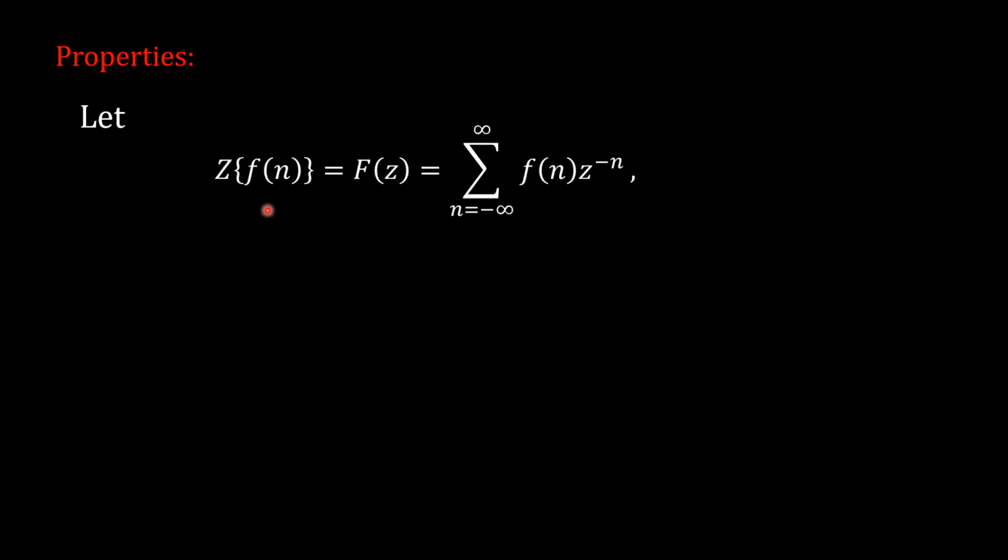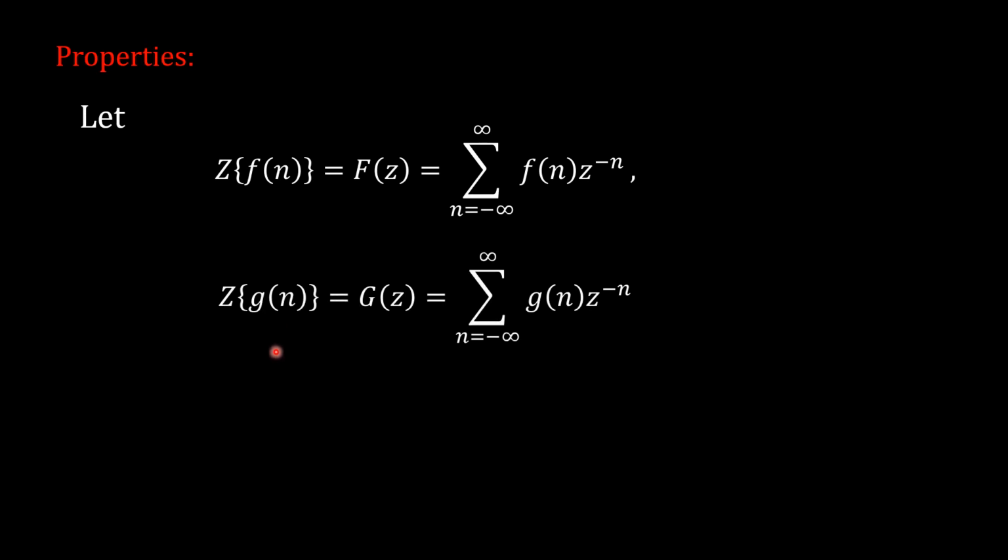Suppose the given sequence is f of n and its Z transform is F of z, which is defined using this formula. Similarly, we consider another sequence, say g of n, whose Z transform is given by this formula and we denote it by G of z.